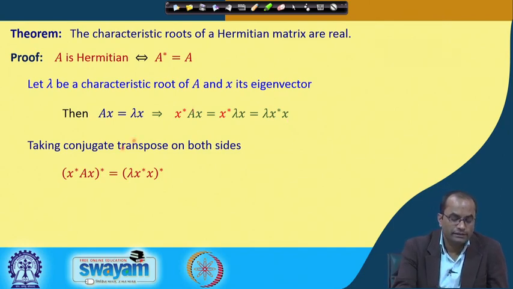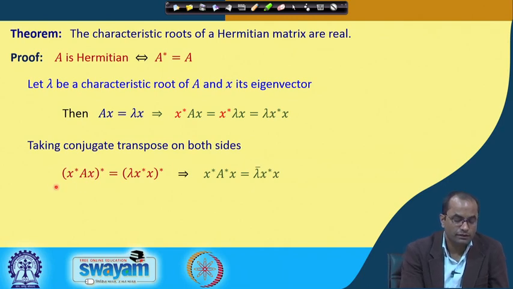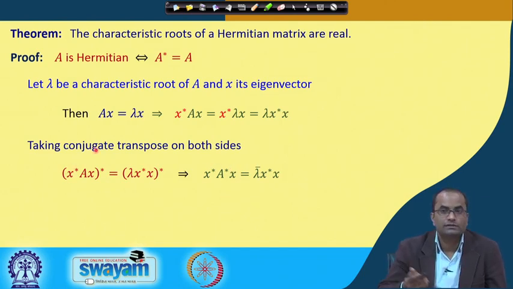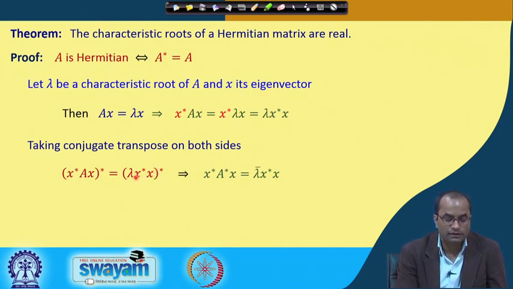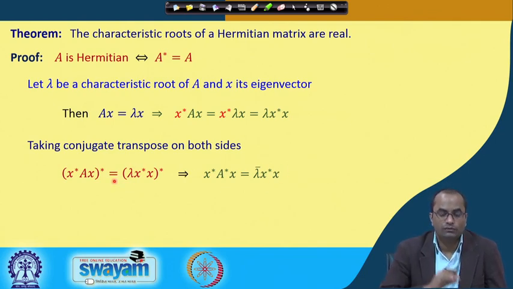What do we get here? The conjugate transpose of x star A x gives x star A star x star star, and x star star is x. On the right side we have the same scenario, x star and then x star star becomes x, and lambda will have its conjugate, lambda bar.